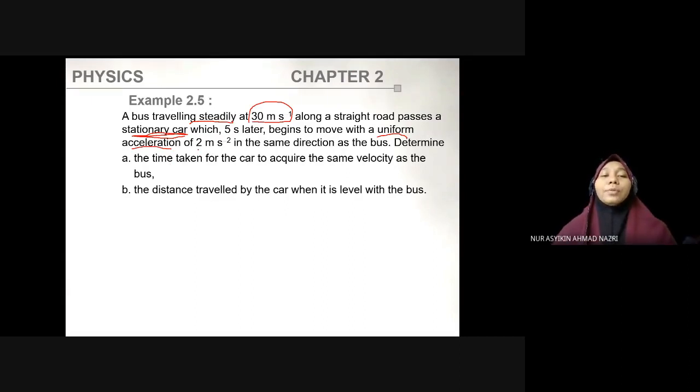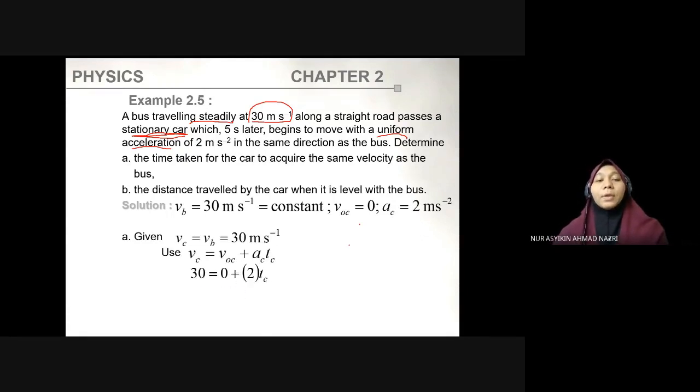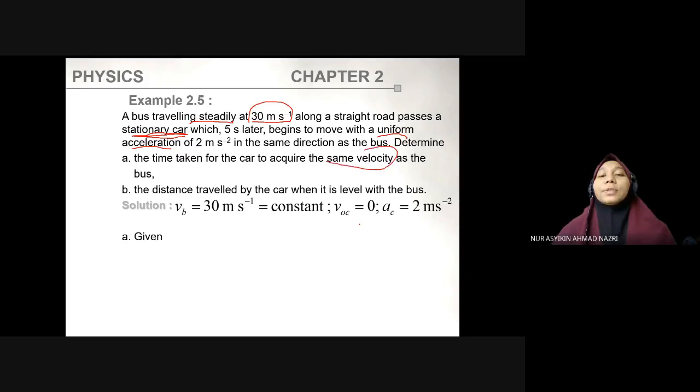Alright, so 2 meters per second squared in the same direction as the bus. Determine the time taken for the car to acquire the same velocity as the bus. Right, so time taken for the car. Again, like I said, we should draw, but this one is not drawn much, maybe because it seems very easy. So it says time to acquire the same velocity. So same velocity, what was the bus velocity? 30 meters per second. But it says stationary car and now time taken.